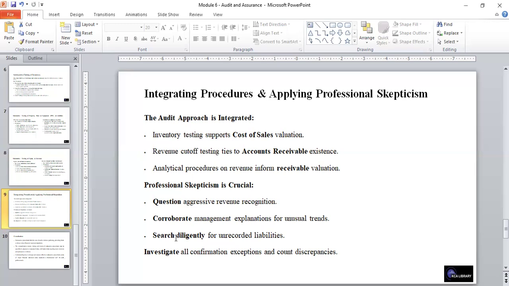So the auditor must question aggressive revenue recognition, must also corroborate management's explanation for unusual trends, and must search diligently for unrecorded liabilities. And lastly is to investigate all confirmation exceptions and count discrepancies.